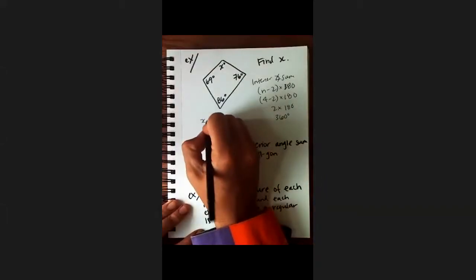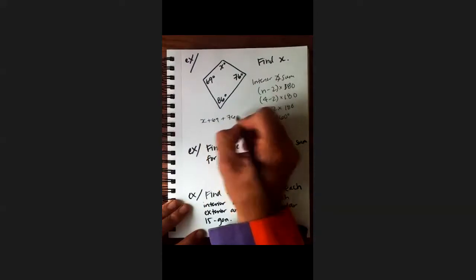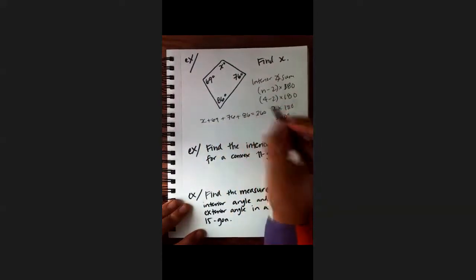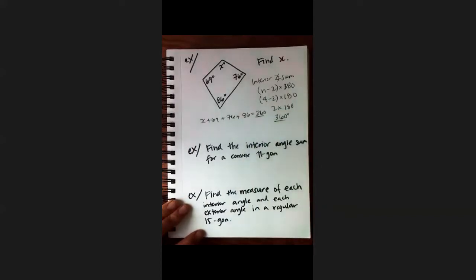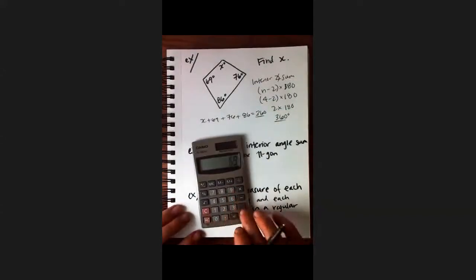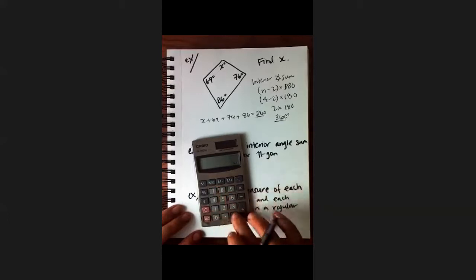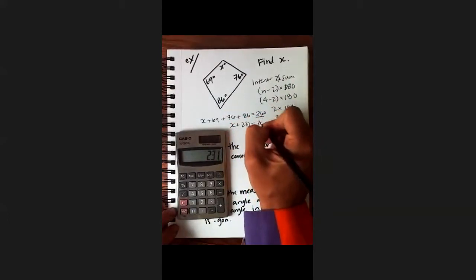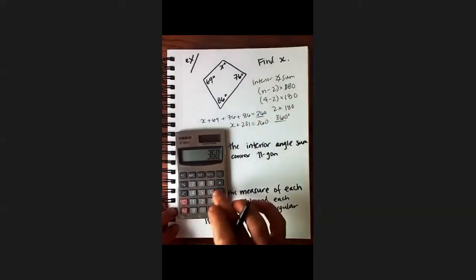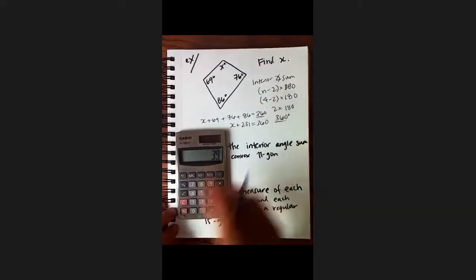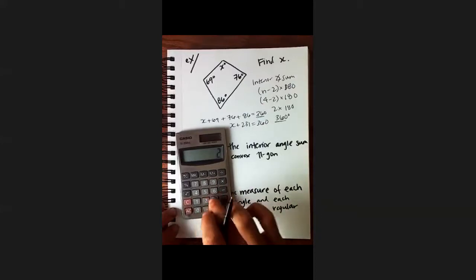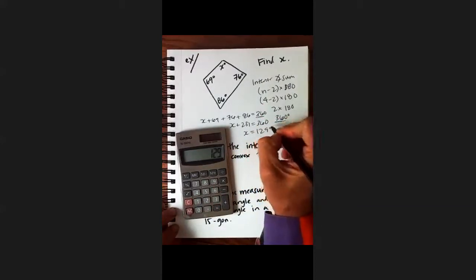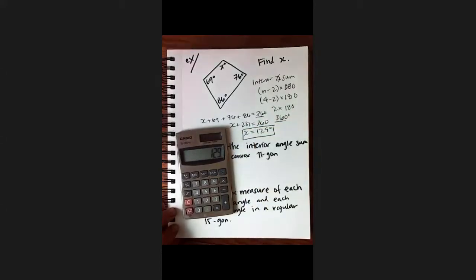The way I would solve this is x plus 67 plus 69 plus 76 plus 86 equals 360, and then solve for that x angle measure. This is one of our simpler problems, as we know that our quadrilateral is equal to 360. Subtract 231 from both sides, and for angle measure x, you get 129 degrees.